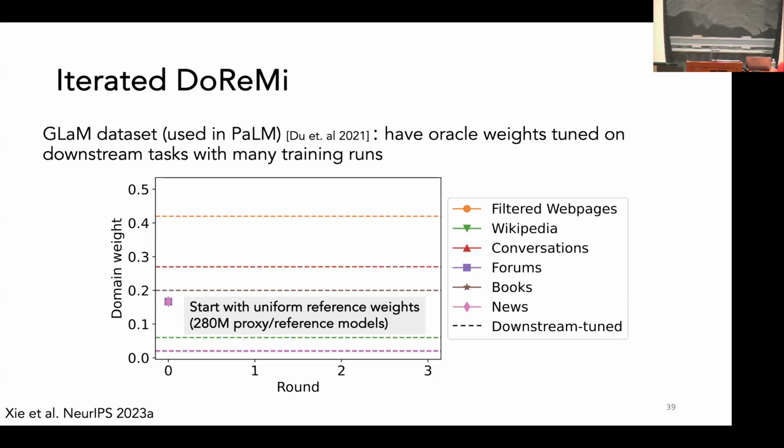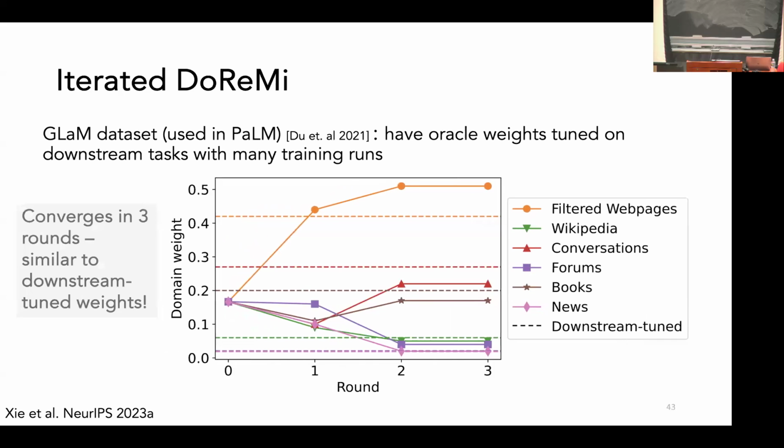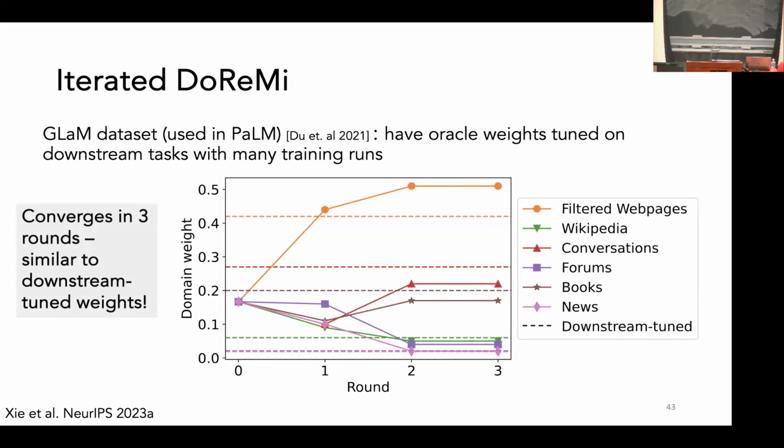After one round of DoReMi, these are the weights you get. After iterating a couple more times, the process converges in the third round, to something similar to the oracle weights without any access to the downstream tasks themselves. If you train the 8 billion parameter models on these domain weights, the model gets similar performance to the model trained on oracle weights as well.